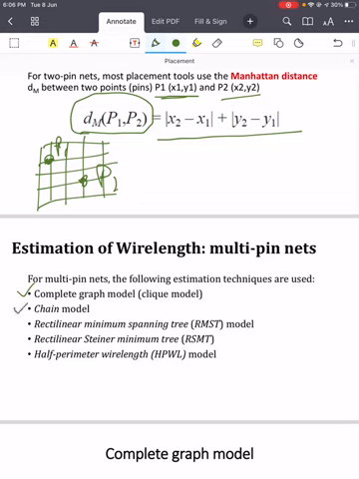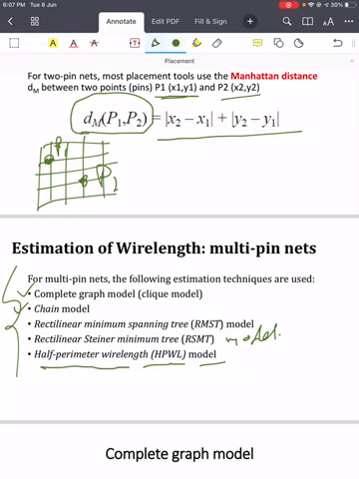Then we can also have the rectilinear minimum spanning tree model. We can have the rectilinear Steiner minimum tree model. And also we can have a half perimeter wire length model. There are many other techniques; I'm not going to cover all of them, but these are most of the standard techniques usually used in wire length estimation while solving the placement problem.